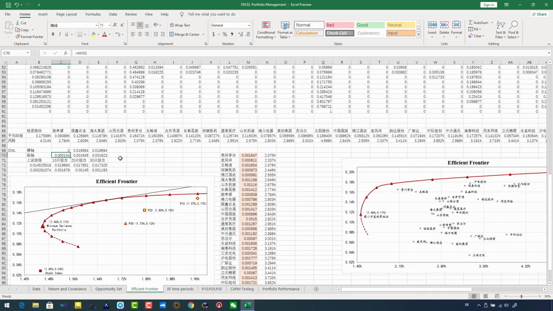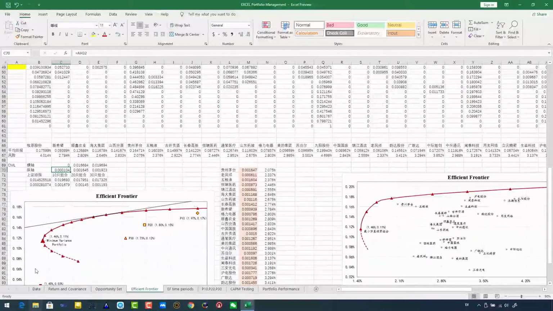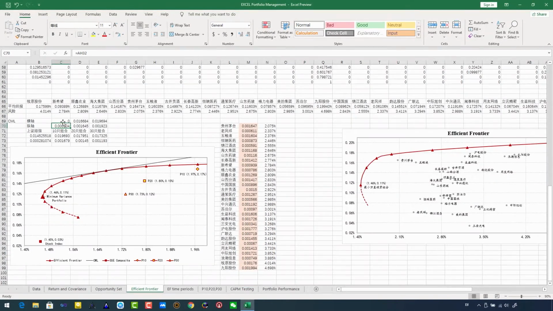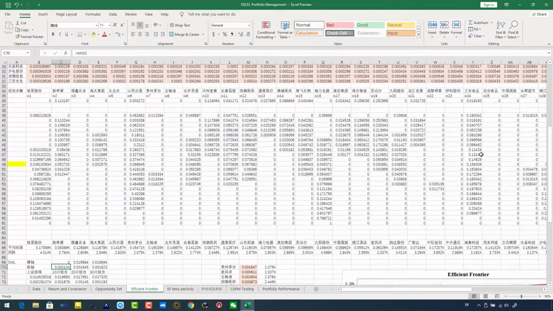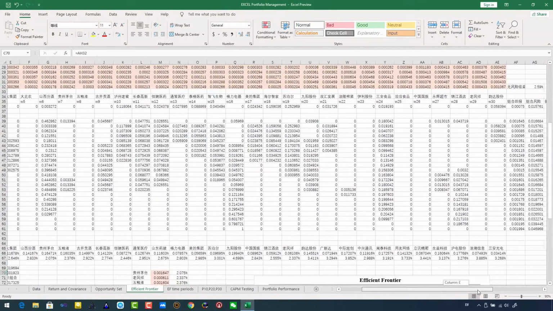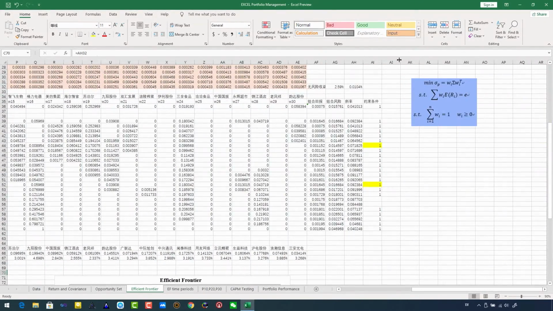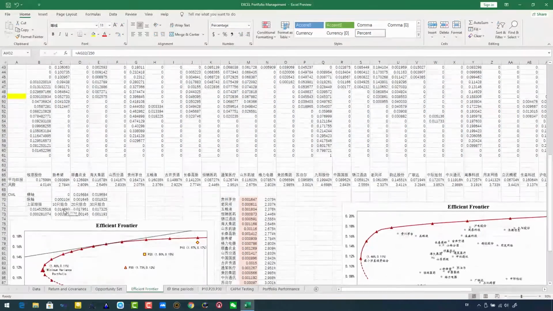For the risk-free rate, the x-axis is 0, and the y-axis is the risk-free rate. Sorry, I can't find it, AH32. Let's have a look, AH32 here. That's your daily risk-free rate, so we can directly select it.